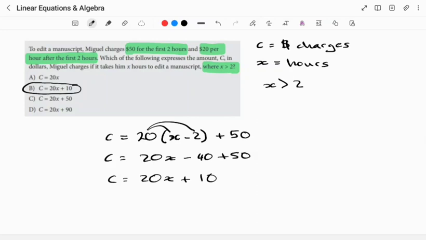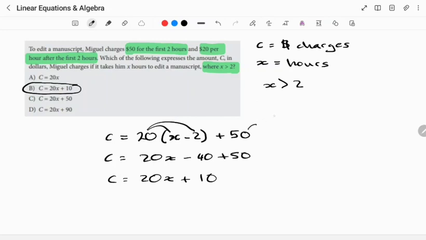If you're a little confused, I understand this question is a little tricky. But the main concept here is that we have a set amount that we're always charging, which is 50, which is this right here.